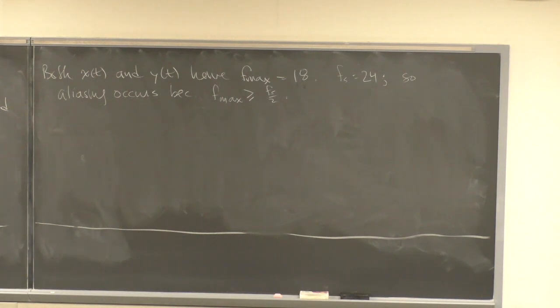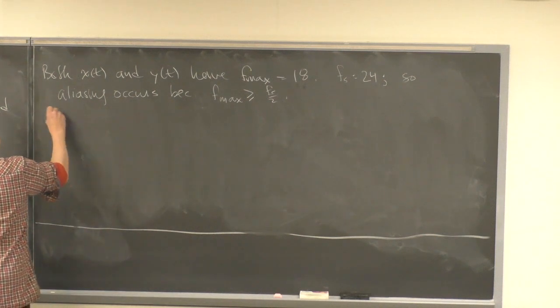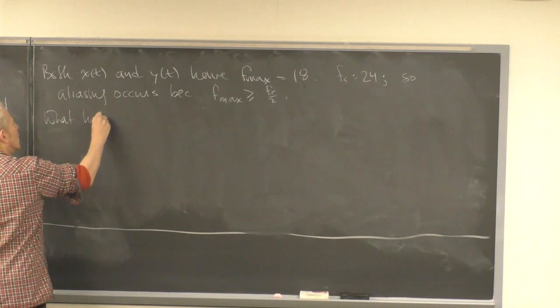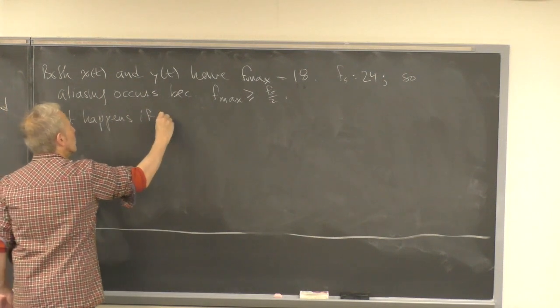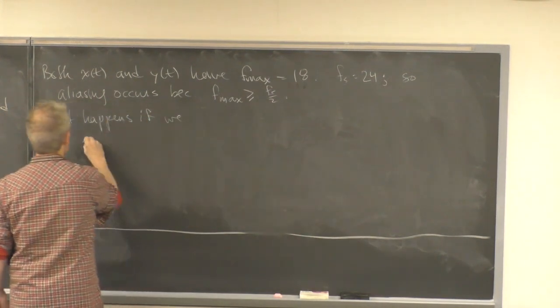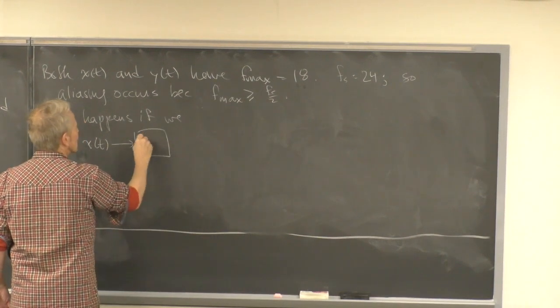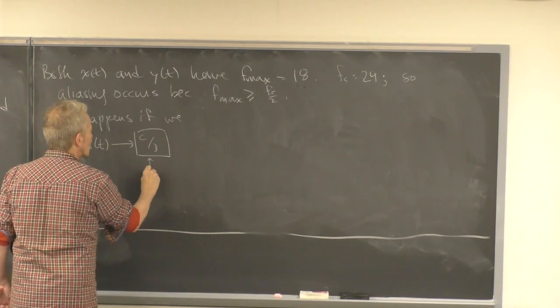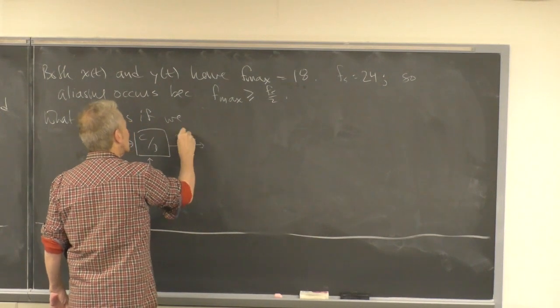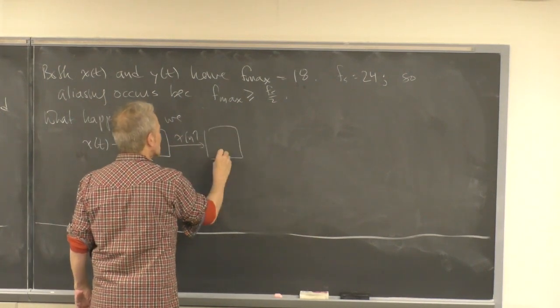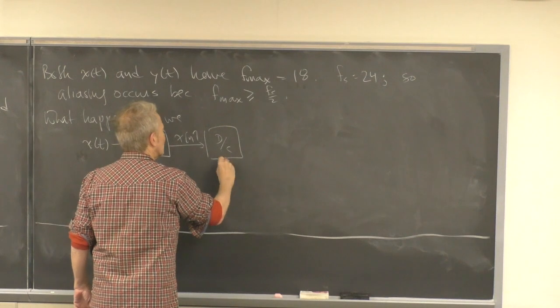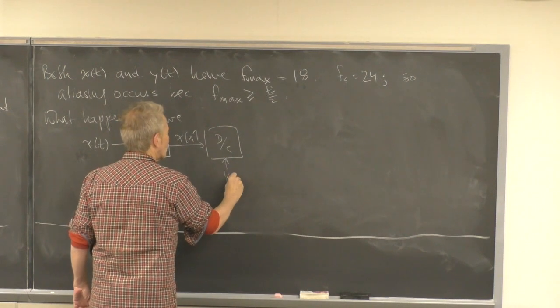All right, so let's see what would happen if we took the movie and put it through an ideal D to C. What happens if we do this sampling? We take x of t and put it through the C to D with sampling frequency 24 hertz. We get x of n, and we put it through the magic box with interpolation interval 1/24.